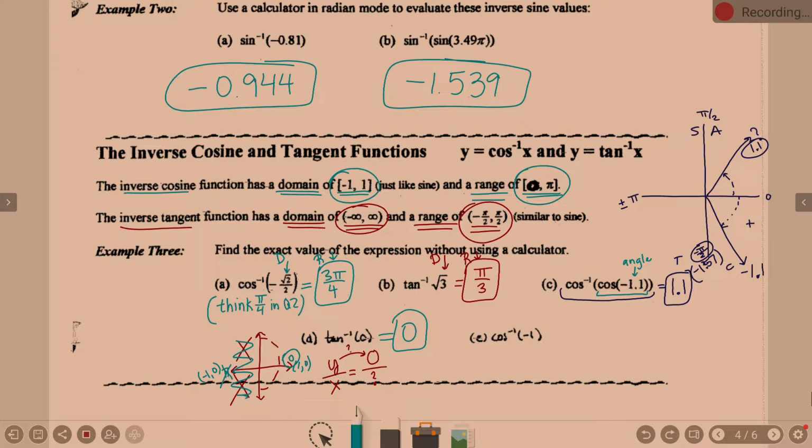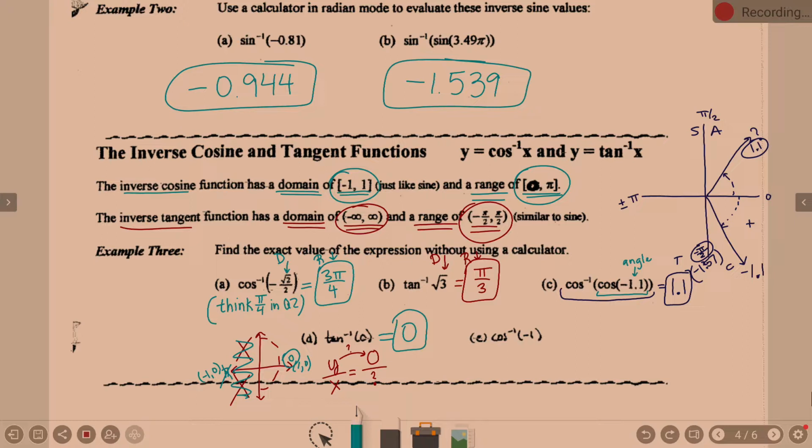Is that on my chart? Do sine and cosine ever equal 1 on my chart? Excuse me. Tangent has a 1, but sine and cosine don't. So I need to go to my quadrantals again.